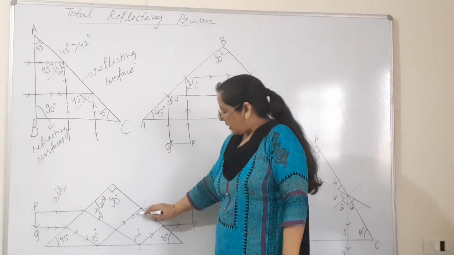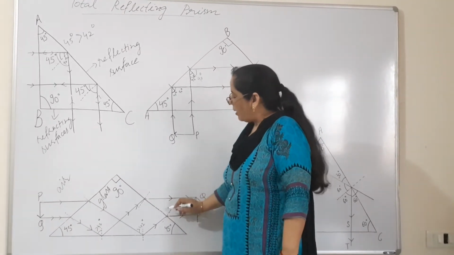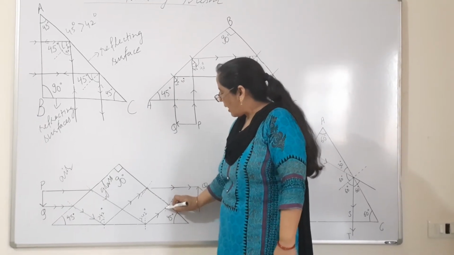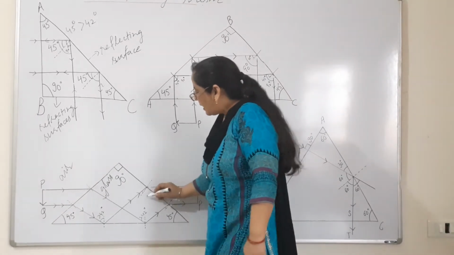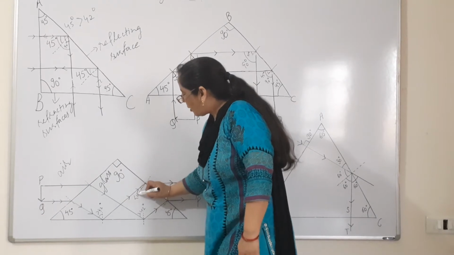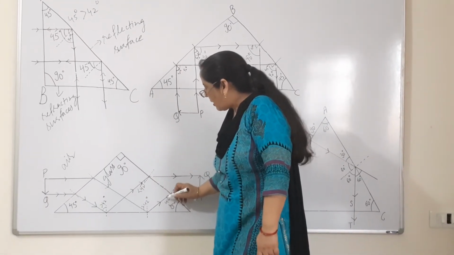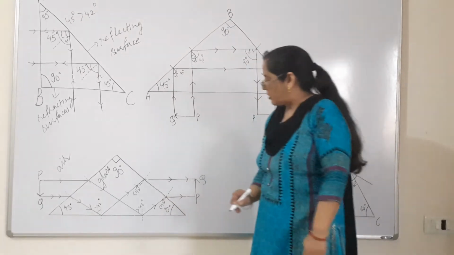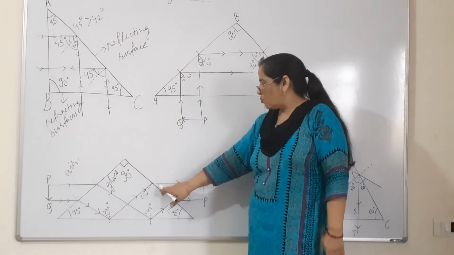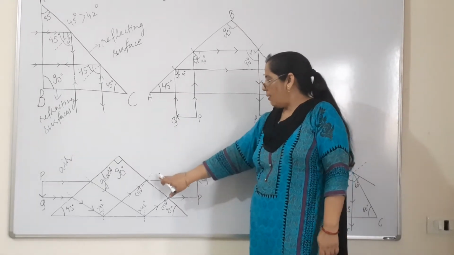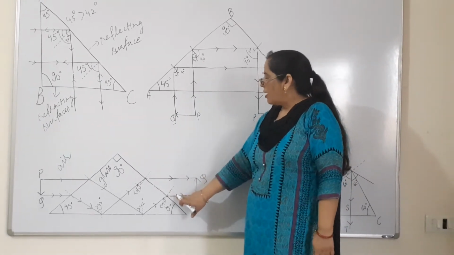Then again, where it is striking, we will draw the normal. Now here the angle of incidence is less than 42 degree. So here total internal reflection is not possible. So the ray has to come out from denser to rarer medium. It will bend away from the normal.